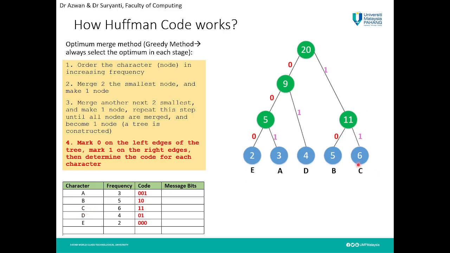C is here: 1, 1. D is here: 0, 1. E is here: 0, 0, 0. So now we get the code for each character: 001, 10, 11, 01, 000. So no need to use all 3 bits here.